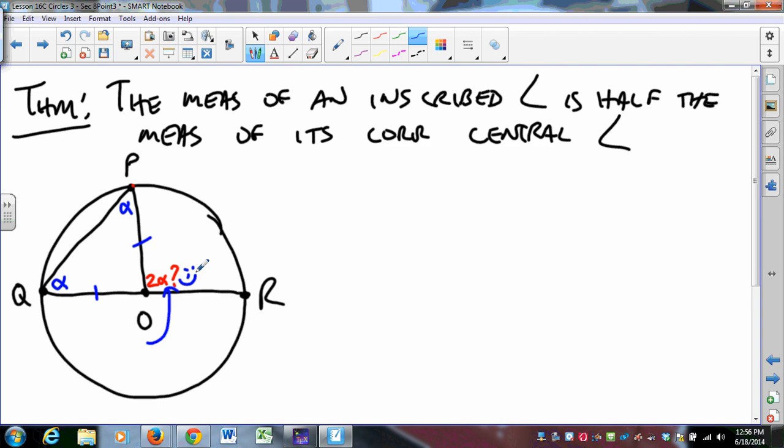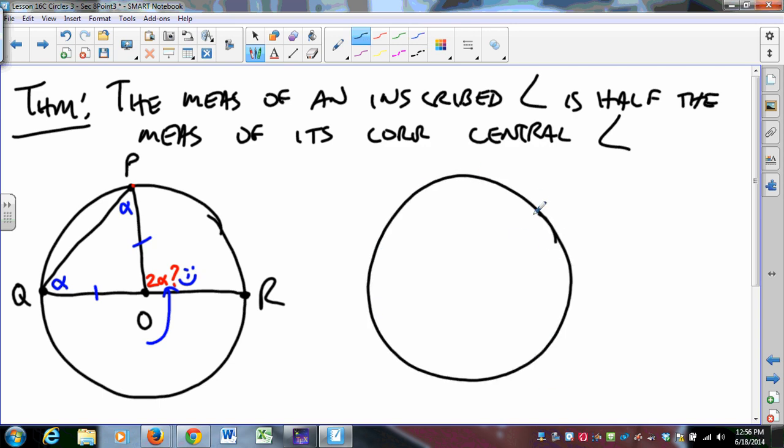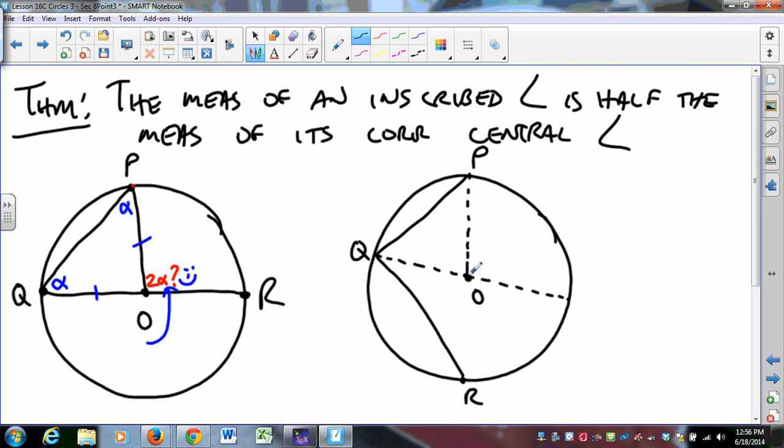Similarly, what happens if I have some inscribed angle PQR and the center is in the interior of angle PQR? Then we draw in the diameter, one of whose endpoints is Q, and we're looking at this angle and this angle.